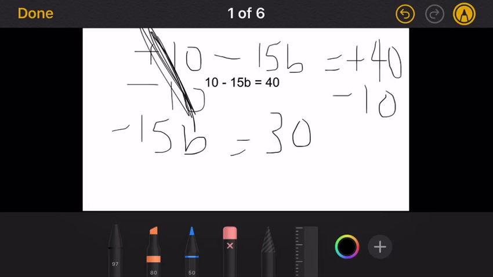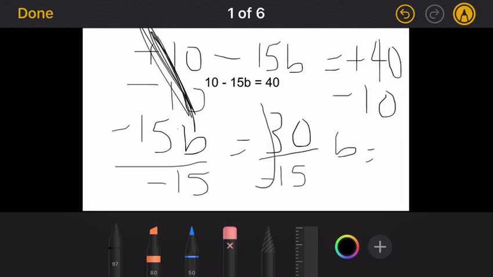Now, what's happening to b is that it's being multiplied by negative 15. A lot of you did well with this during one-step equations and two-step equations, but I just want to make sure. So what we would do is divide by negative 15 on both sides. Another issue I'm seeing is still those integer rules. If I have different signs, what is my answer going to be?